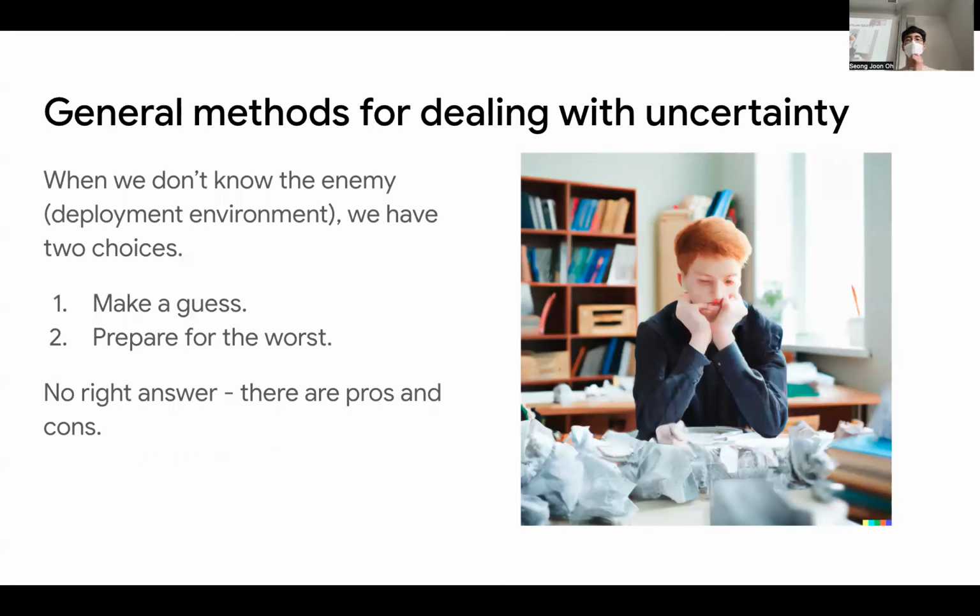So how do we deal with such uncertainty in general? When we do not know the enemy or the deployment environment, we have 2 choices. One is to make a guess, or the second is preparing for the worst. There's no right answer here. It's just a matter of choice.